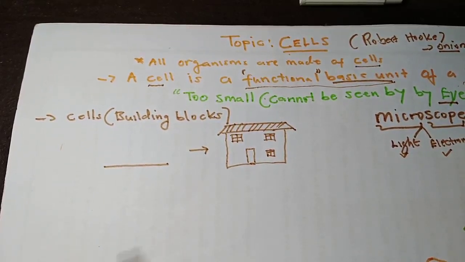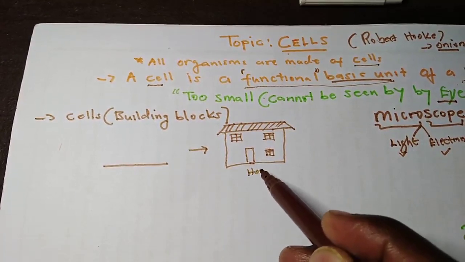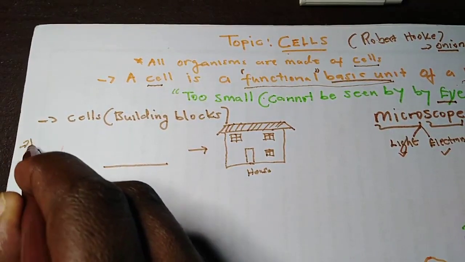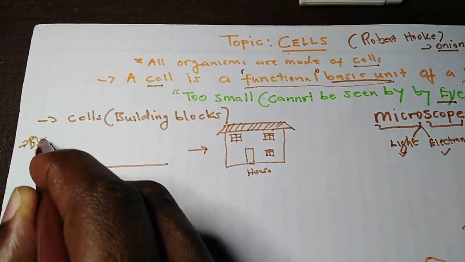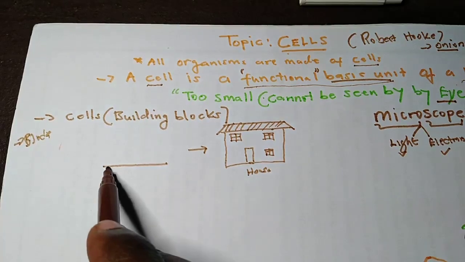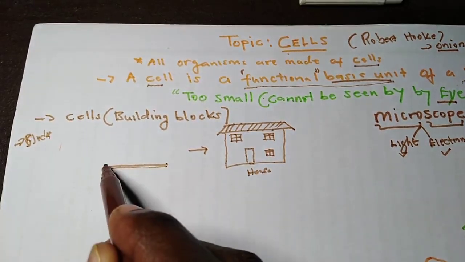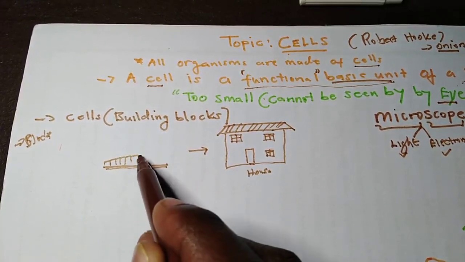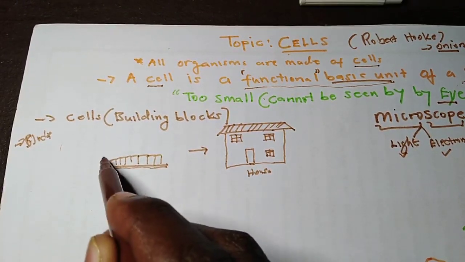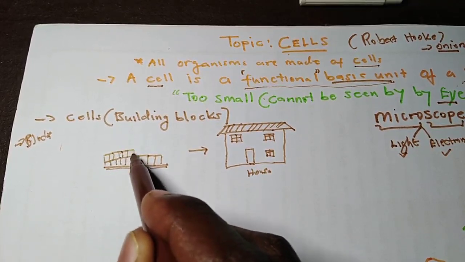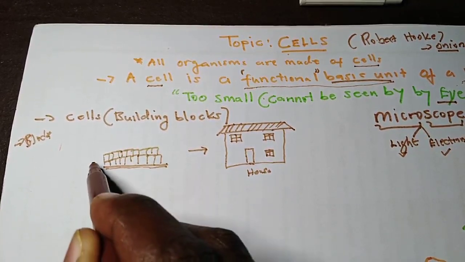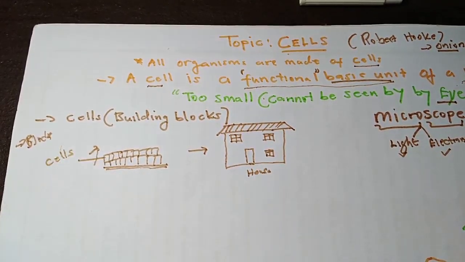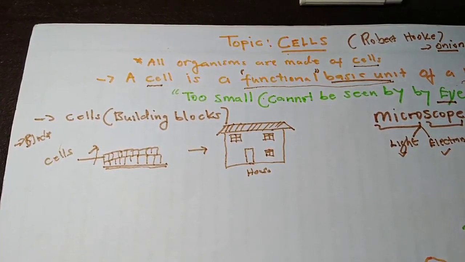First, you make blocks, then you make your foundation, and then you start laying the blocks one by one, erecting your house. You keep on adding blocks. So let's think of these blocks as what? Individual cells.